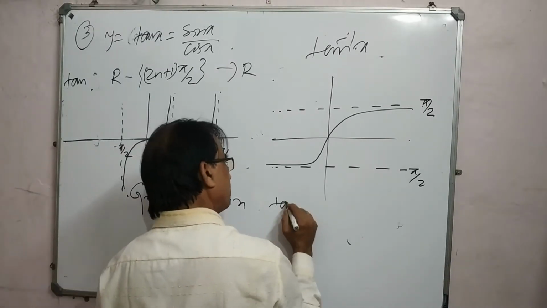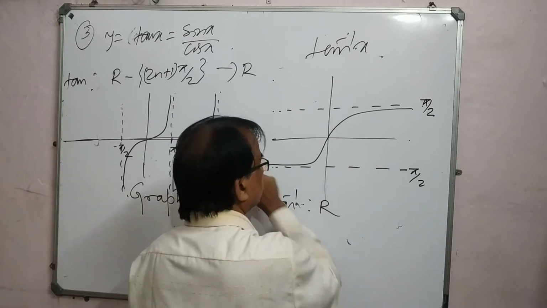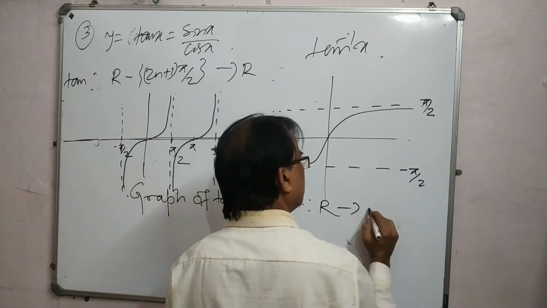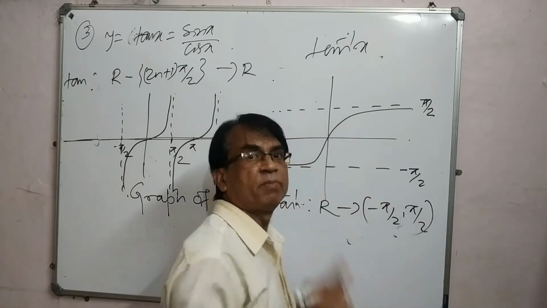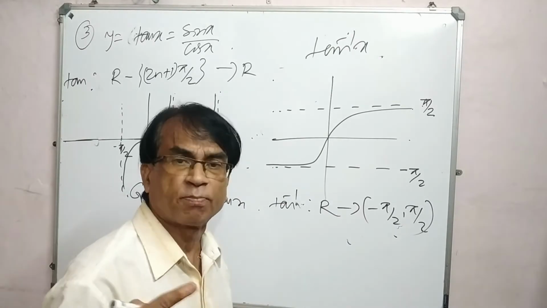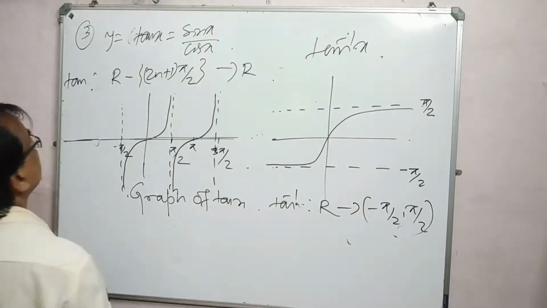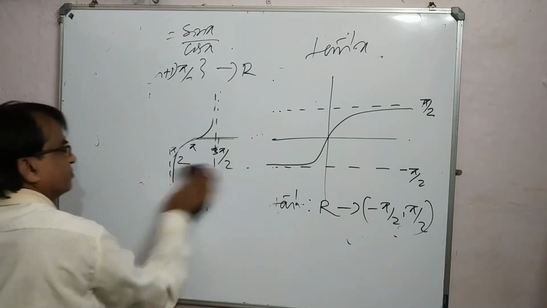So tan inverse x has domain the entire set of real numbers, and range minus pi by 2 to plus pi by 2, open interval. Remember this point, because in a closed interval the end points are included and the function is not defined there. So having covered tan x, we are now coming to cot x.